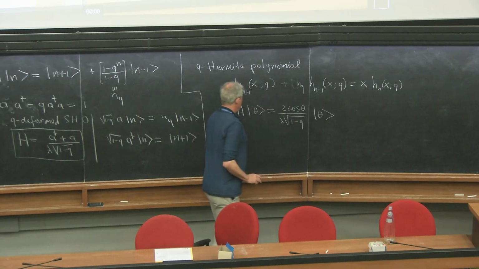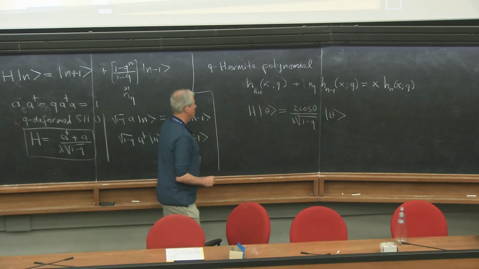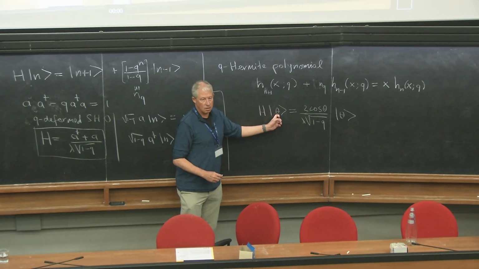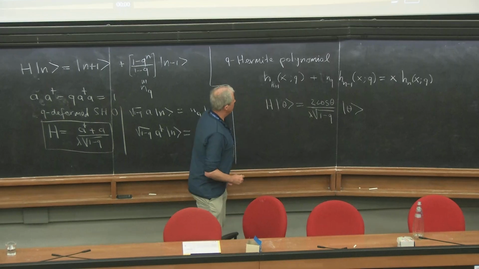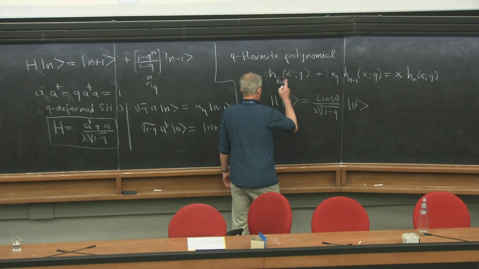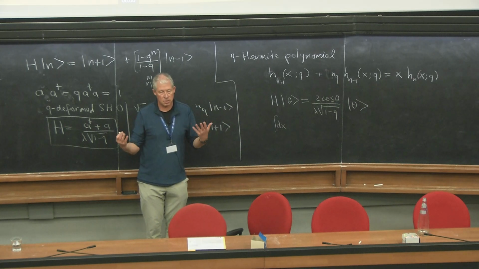Now, the thing that we want to determine is what is the spectral density on this. The Q-Hermite polynomials, like the Hermite polynomials, satisfy an orthogonality condition.